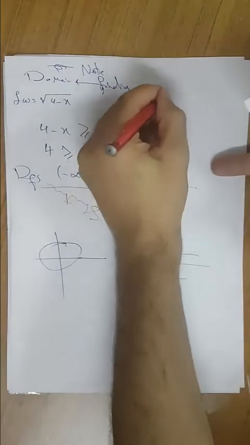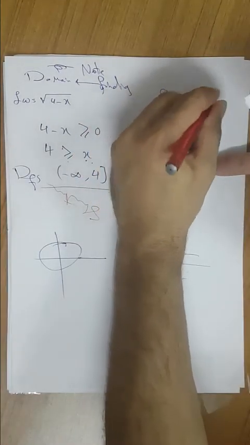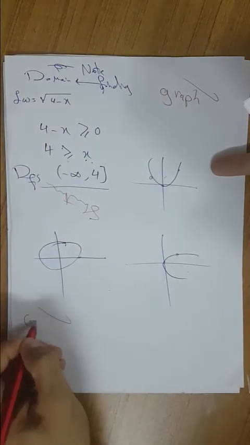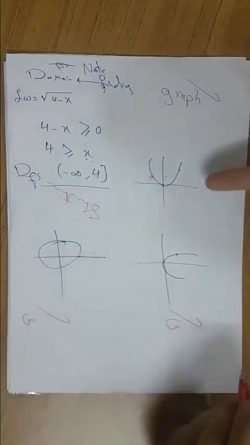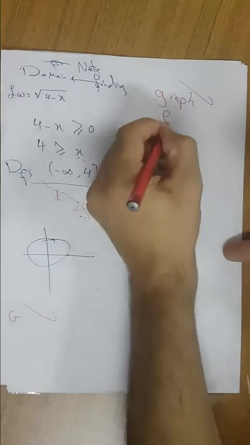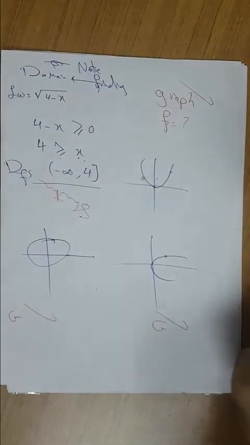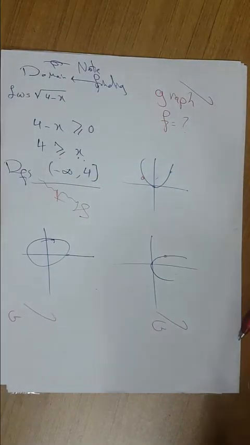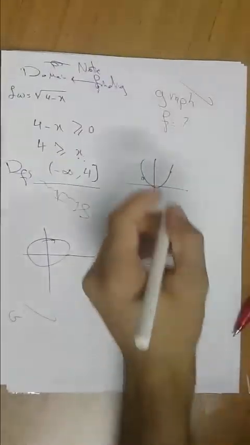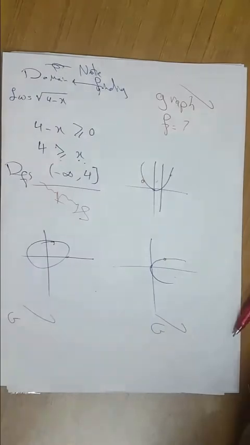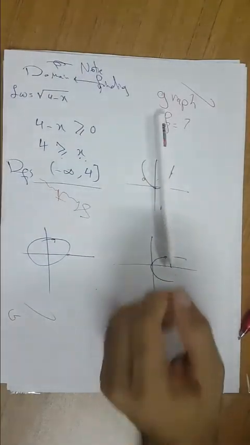So for the graph, yes, we have a graph. How about function? No. For the function, we have a test, which he called the vertical line test. The vertical line test means that you sketch a line vertically, like a pen.